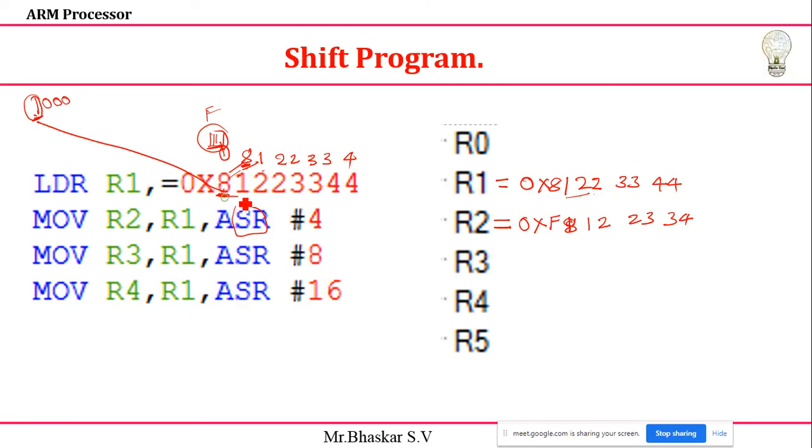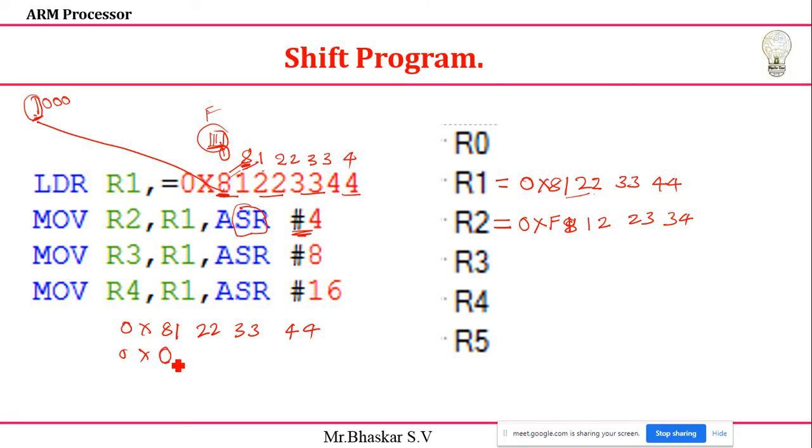See, 0x81223344. You just take it as it is. So I already told that first you do the shift right operation of 4 positions. This one I already explained. Shift right means what is the value I'll get?